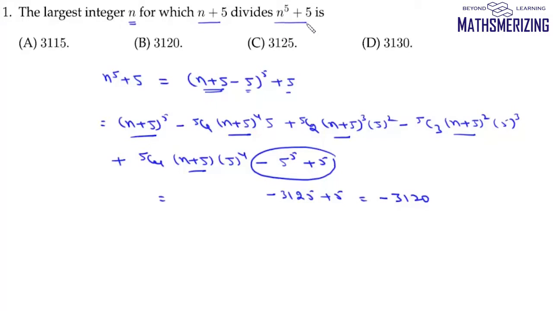That means there should be no remainder, and there will be no remainder if n plus 5 divides this value, and n has to be the largest number. So if n is largest, then n plus 5 must be equal to this numerical value 3120. That is, the value of n must be 3115, and that's your option A.